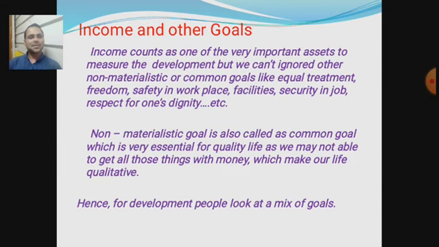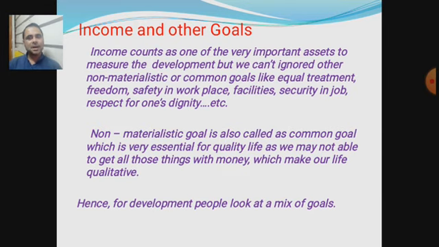What is the importance of non-materialistic goals, which are also called common goals? See, if income helps us to fulfill our uncountable desires or to set our achieved goals, then these non-materialistic goals also help us to grow in our life. Think in this way: you are living with a very good earning and you are able to fulfill all your desires, all your so-called aspirations.